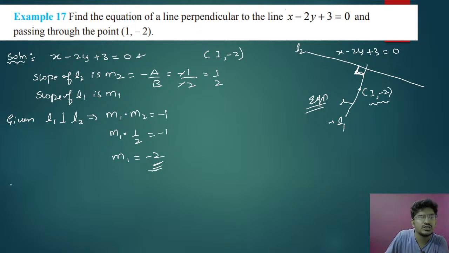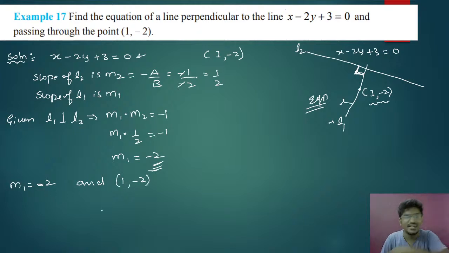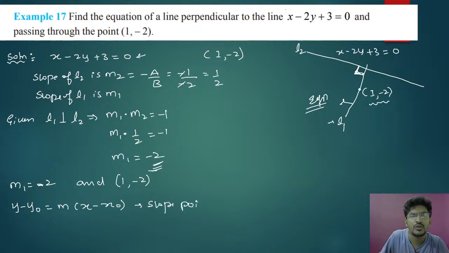Now you have slope m1 equal to -2 and the point 1 comma -2. Using the slope point form, y minus y naught equal to m into x minus x naught, we can find the equation.